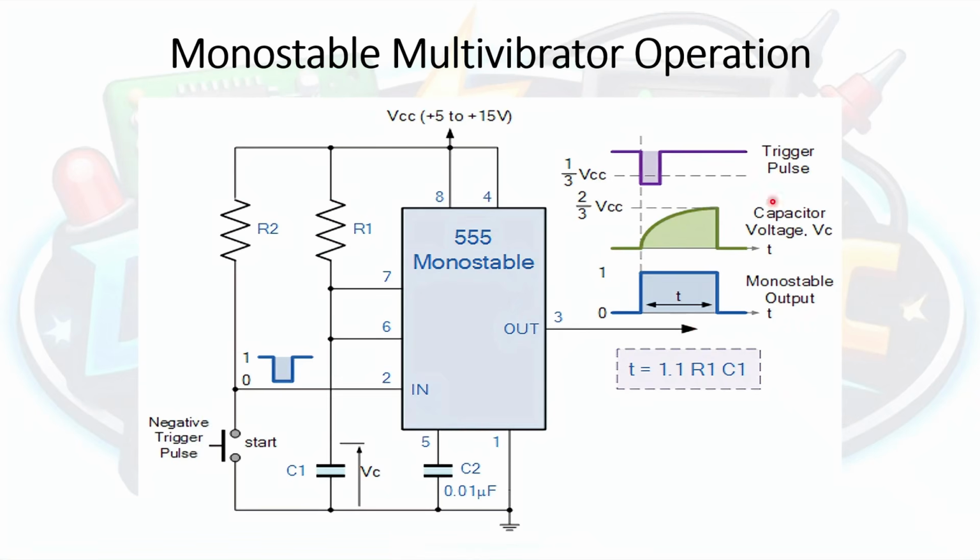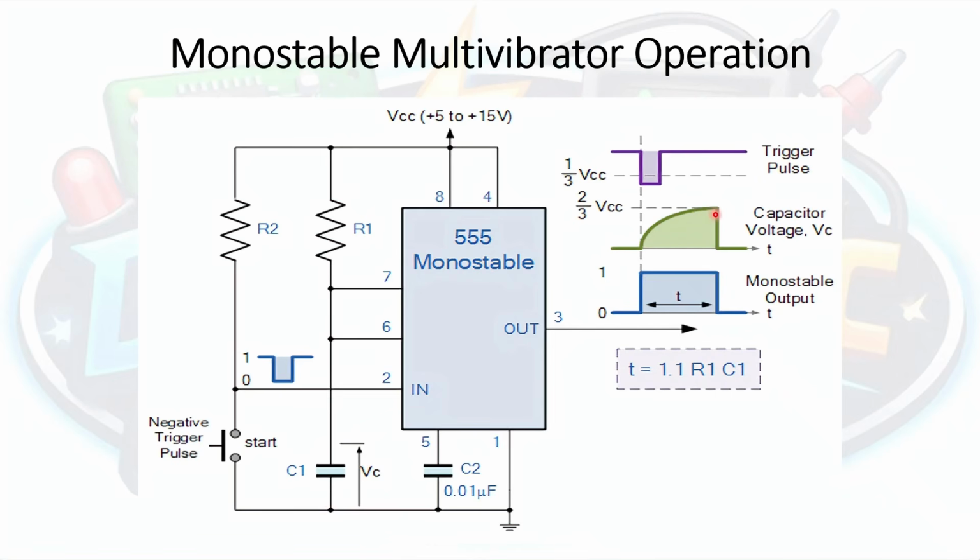Now, to illustrate how that operates, once I press the push button switch, capacitor C1 will start charging. During that charging state, the LED is on.